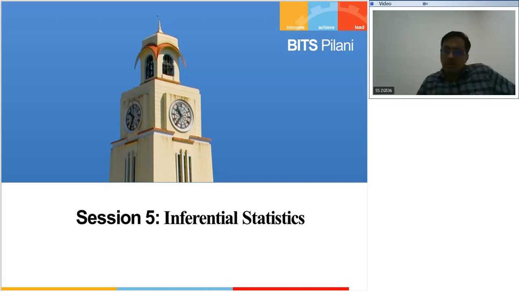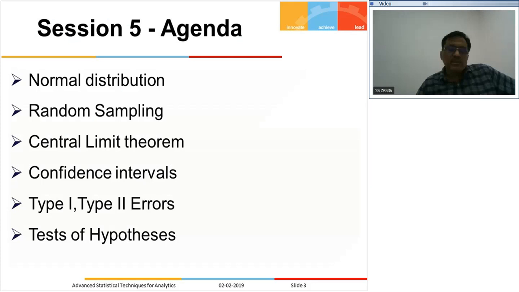So today, one part is a continuation of the earlier class, where we'll spend some time on normal distribution, which is one of the important distributions. Then we'll jump into the topic of testing of hypothesis, which has various components like random sampling, central limit theorem, and estimation.